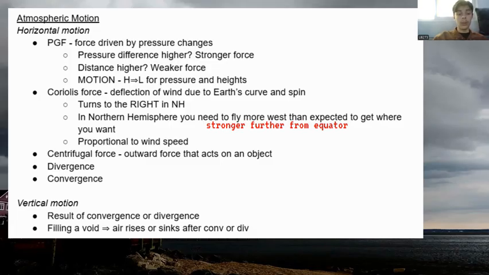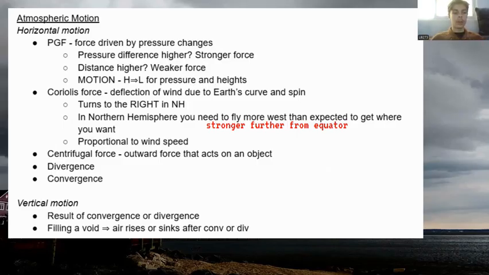This is the pressure that makes there want to be motion horizontally. And what is that motion through? Wind. And I already said earlier in the video, we go from high pressure to low. So this is the motion. That's what this force is doing. It's saying, let's blow wind from high pressure to low pressure.